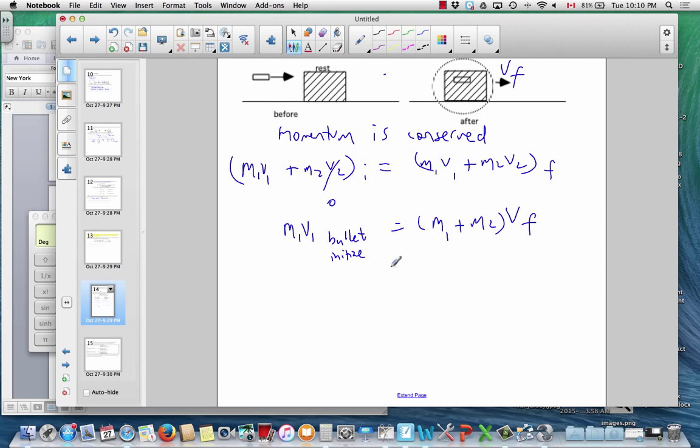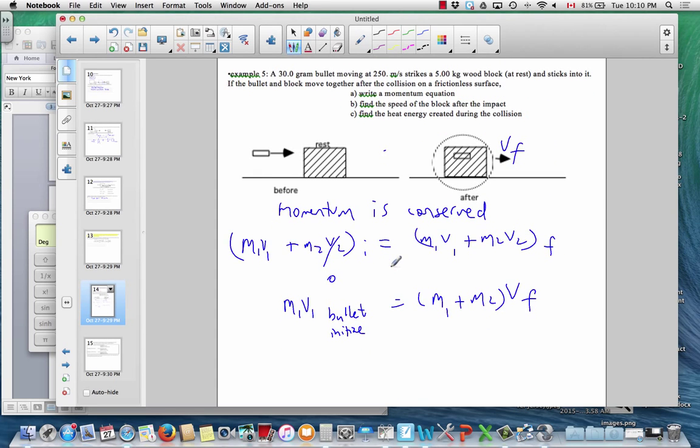So the bullet was 30 grams, initially moving at 250 meters per second. So we'll use kilograms and meters per second.